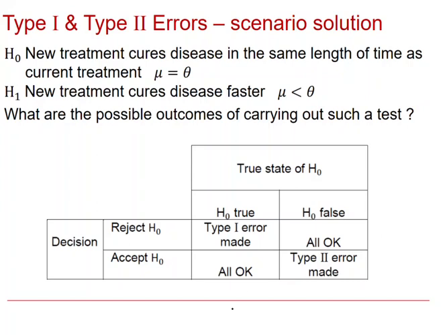And of course, if we accept a true null hypothesis, that's fine, and if we reject a false null hypothesis, that's fine. The errors come in when the null hypothesis is actually true but we ended up rejecting it, or the null hypothesis was false and we ended up accepting it.